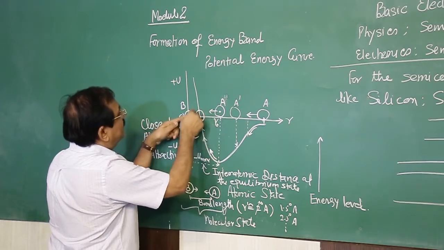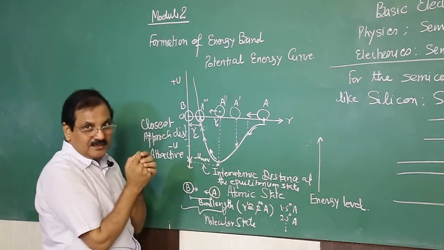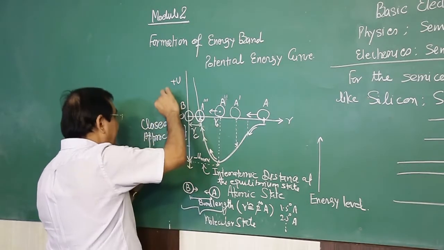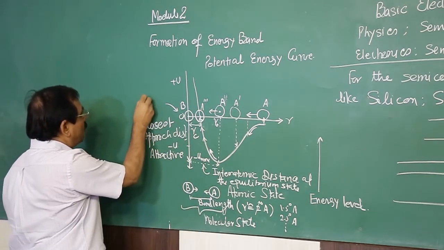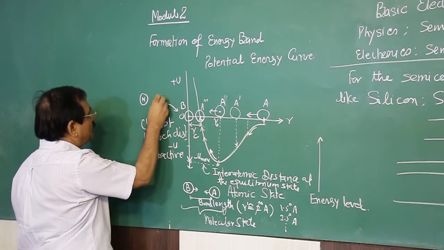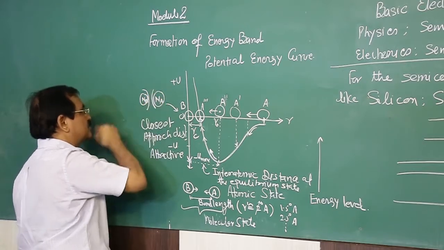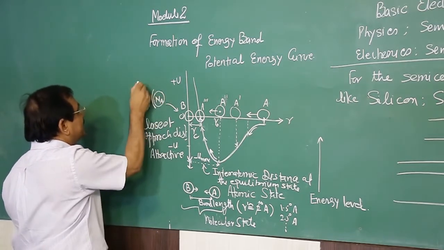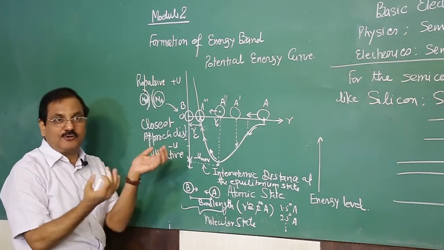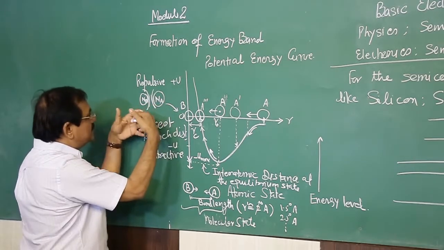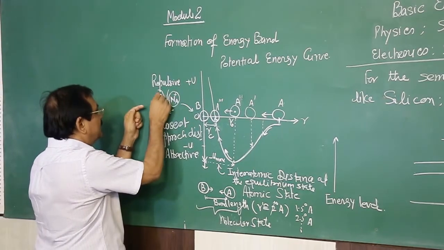Below this distance, to A triple dash, and here it is B, because whenever we come to this point, then what will happen? The nucleus of B and the nucleus of A, and here are the electron clouds. The repulsive force arises due to the close interaction of negatively charged electrons and positively charged nucleus.